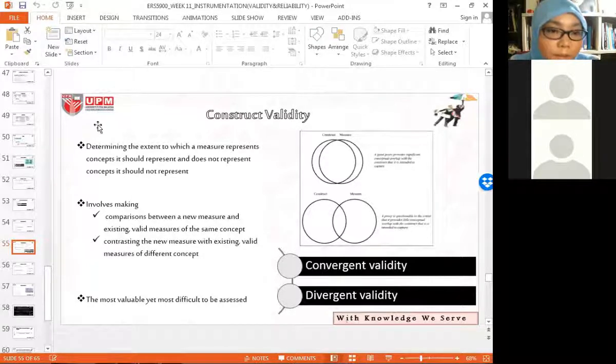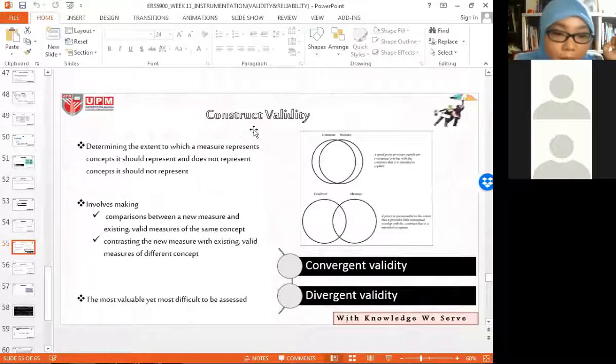Okay, next one is construct validity. Okay, so construct validity ni determine the extent to which a measure represents concept, should represent, and does not represent concept, it should not represent. Okay, and then it involve making comparison between a new measure and existing valid measures of the same concept. Okay, yang ni dia macam lebih kurang sama dengan concurrent validity.